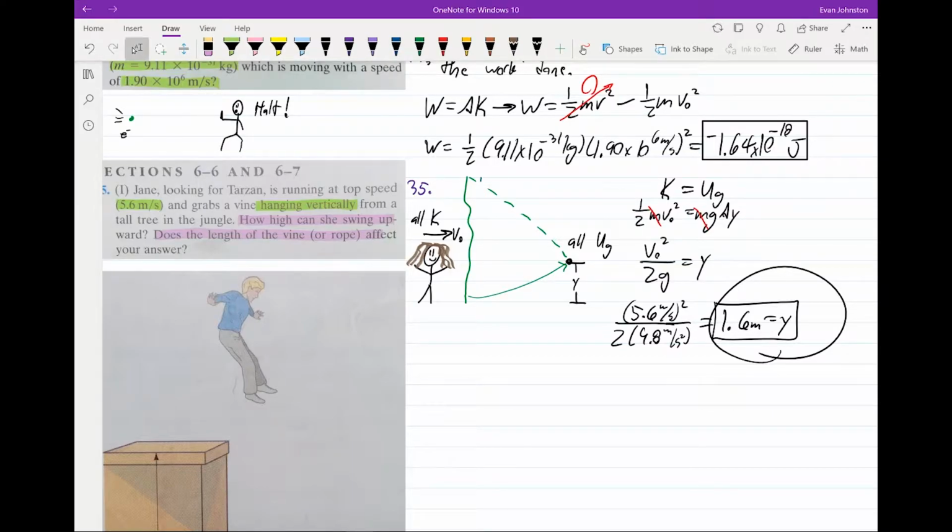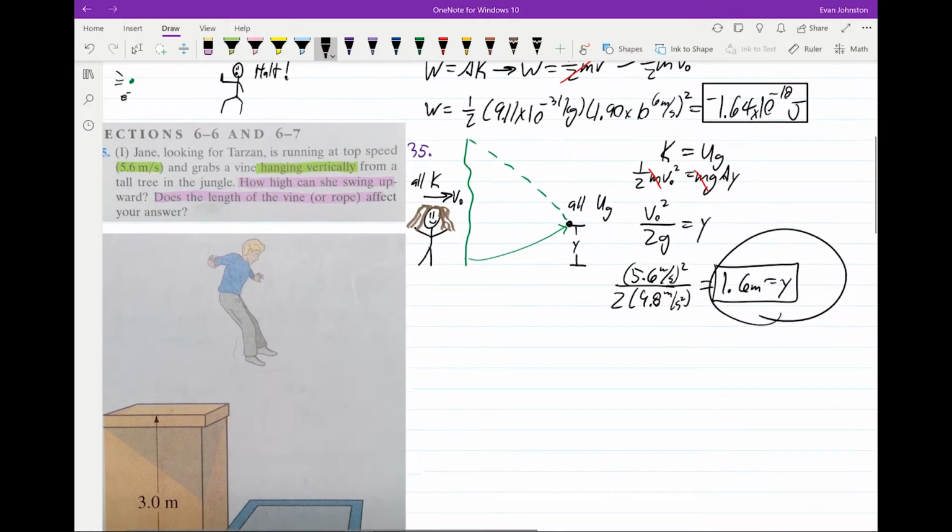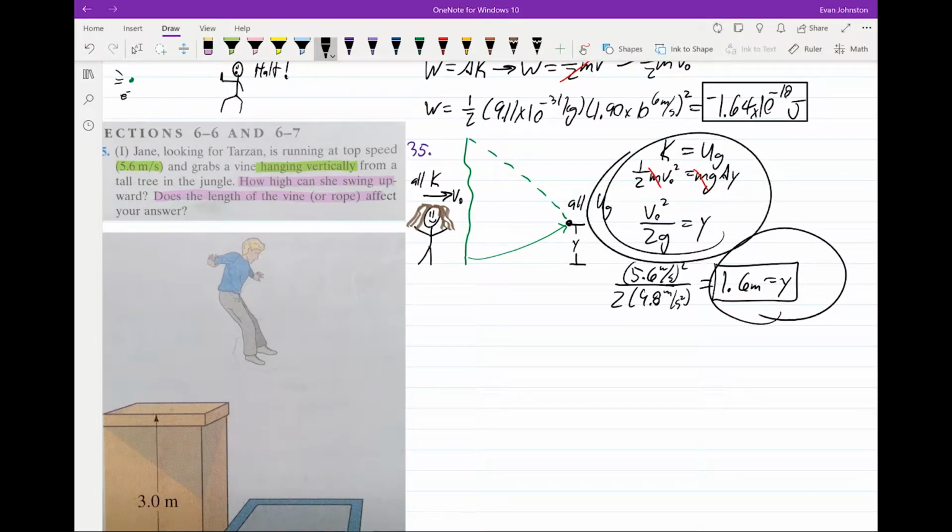Or it could be some stupendously long vine and still swing up 1.6 meters vertically. It's going to have to be a much bigger arc, absolutely, but it's still going to go up whatever the two lines on our page. And so no, it turns out that the length of the vine does not affect the answer because there's no L anywhere in the equation here.